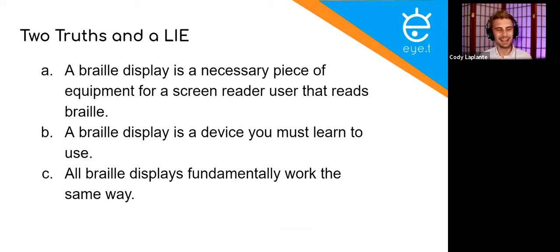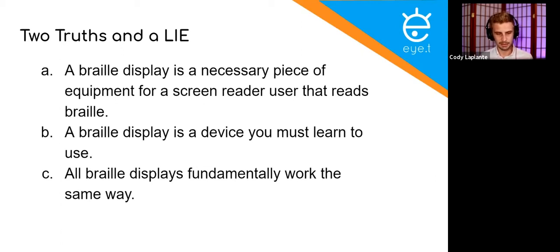Letter A, is this the lie? A Braille display is a necessary piece of equipment for a screen reader user that reads Braille. So if you're a screen reader user that reads Braille, is the Braille display a necessary piece of equipment? Is that the lie? Or is it B, a Braille display is a device you must learn to use? Is that the lie?